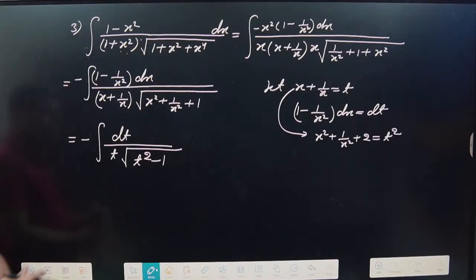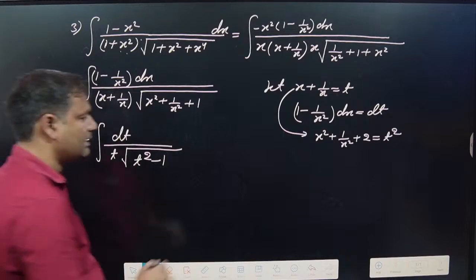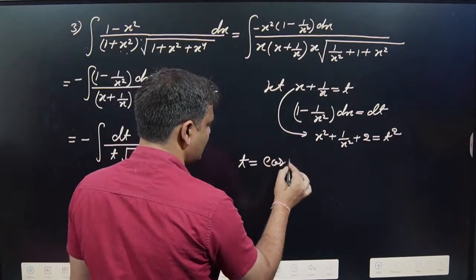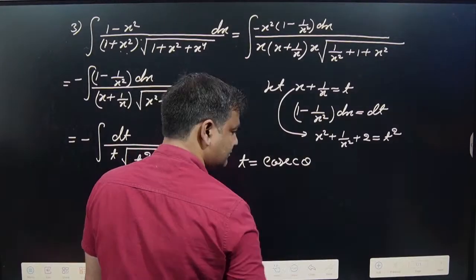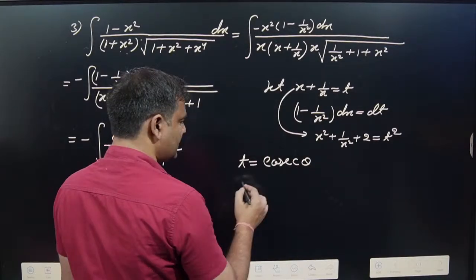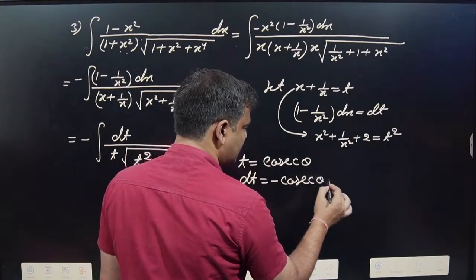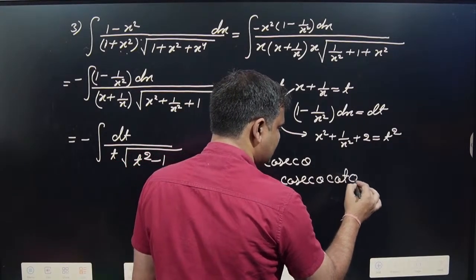Okay, now how can we solve this type of problem? Let t be equal to cosec theta. So dt is minus cosec theta cot theta d theta.